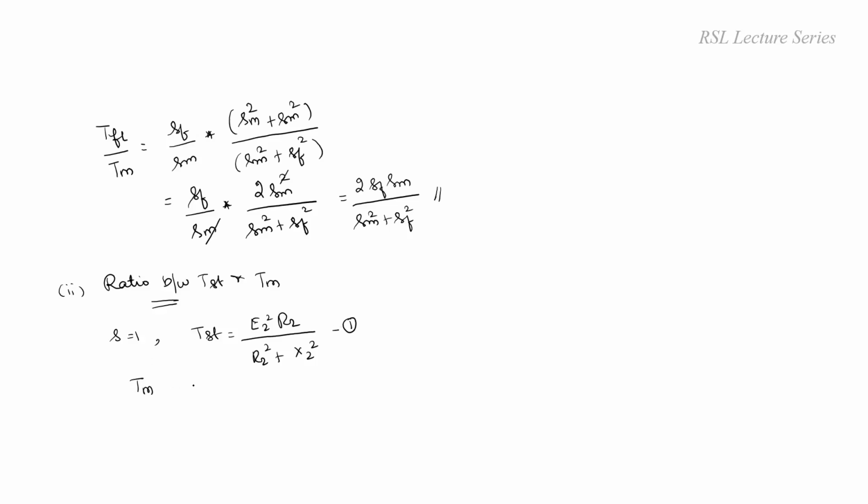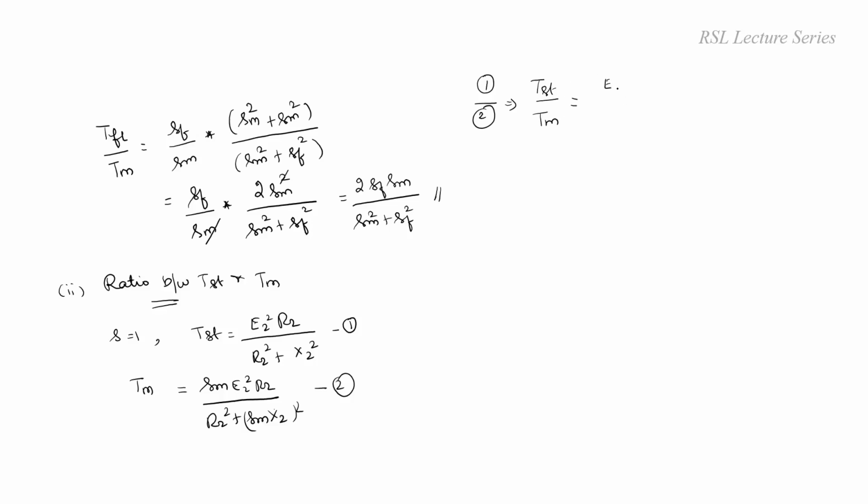We all know Tm is equal to Sm E2 square R2 divided by R2 square plus (Sm X2) whole square. Let this be equation number 2. Again we are going to divide these two equations so that we get the ratio of starting torque to the maximum torque.